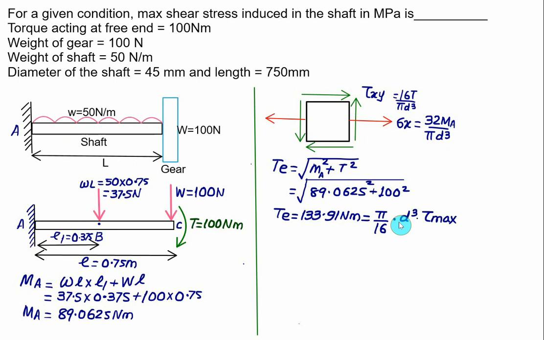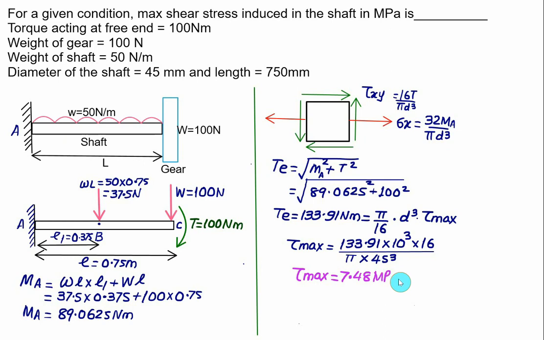Now the diameter is equal to 45, so tau max is equal to 133.91 Newton meter multiplied by 10 to the power 3, multiplied by 16, divided by pi and the diameter 45 cubed. If you solve this, you will get the maximum shear stress, tau max, that comes out to be 7.48 megapascal.